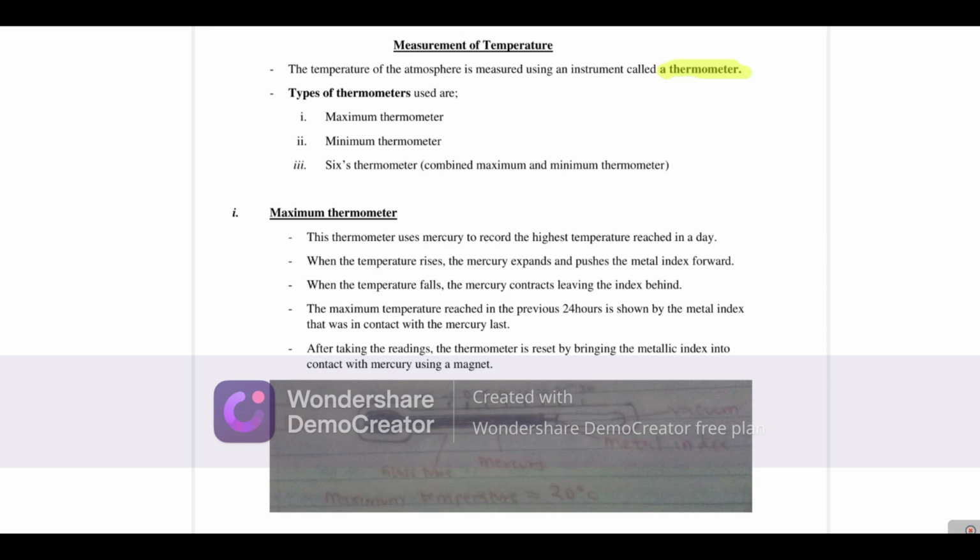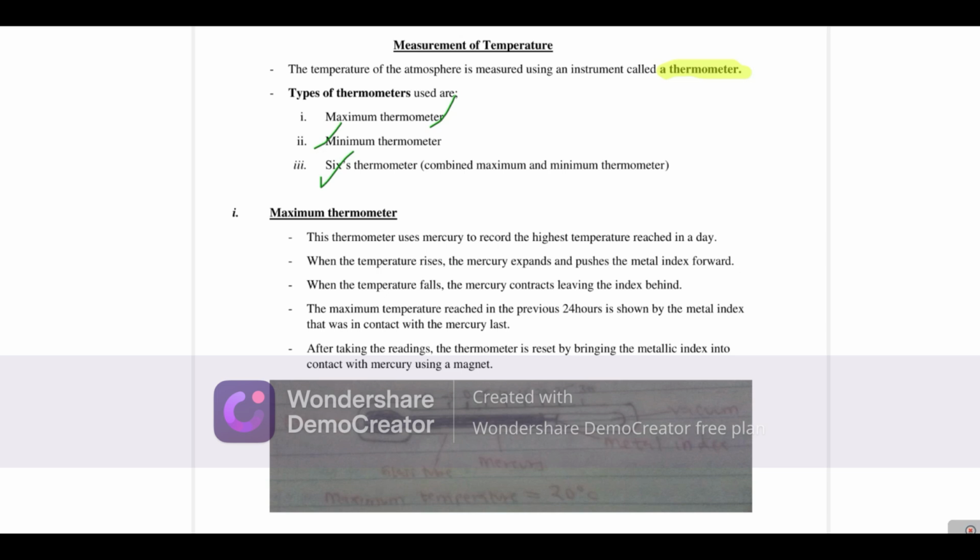We have various types of thermometers. We have the maximum thermometer, we have the minimum thermometer, and we have the Six's thermometer, which is a combined maximum and minimum thermometer. Those are the 3 main types of thermometers.